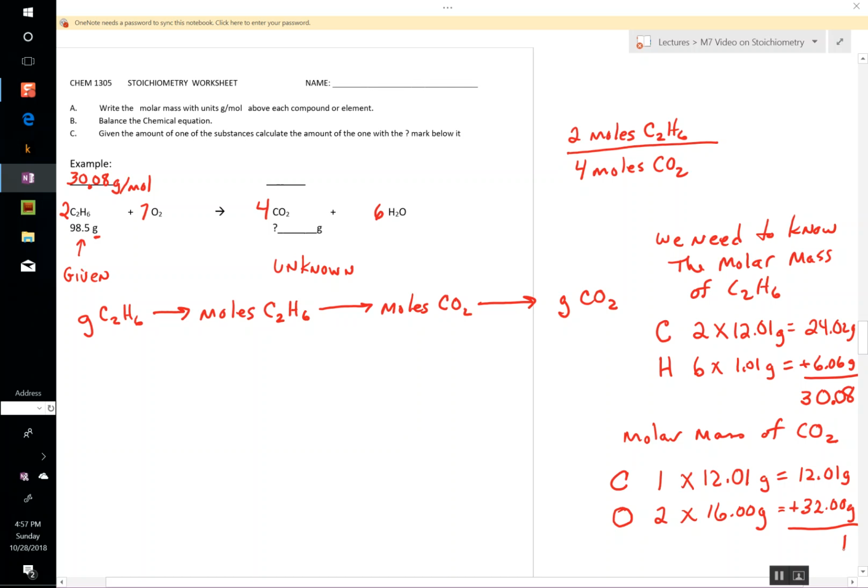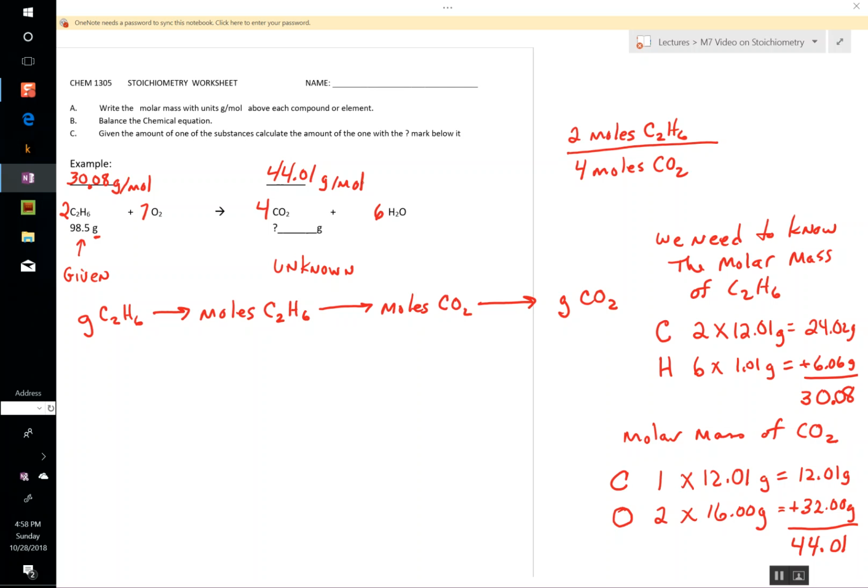And so if you add that up, you get 44.01 grams per mole. Okay, now we have all the numbers we need to do this. We know the molar ratios from the balanced equation. We know the molar masses of the two compounds that are of interest in this problem. You can see I ignored the oxygen and the water because this question isn't asking anything about the oxygen or the water.